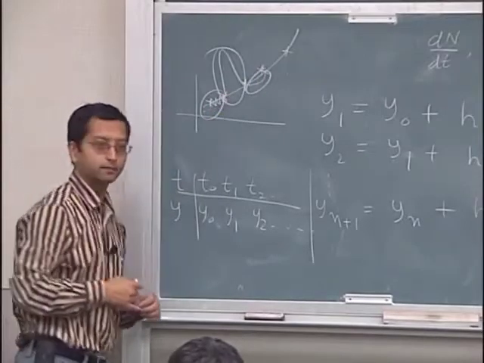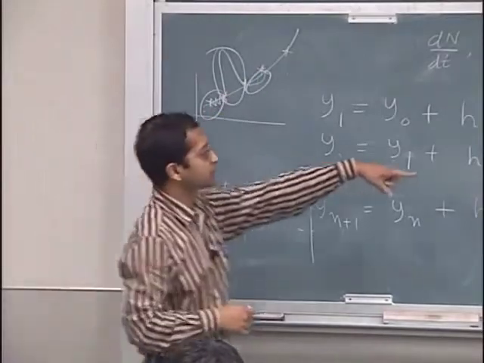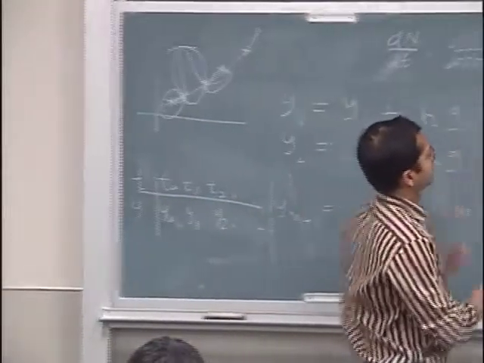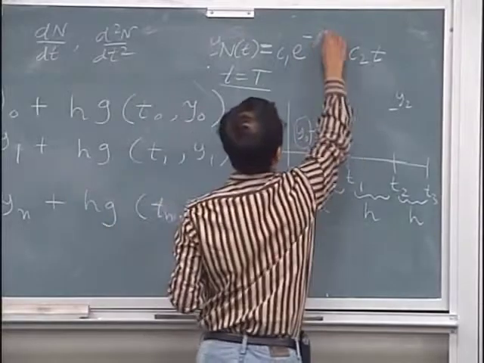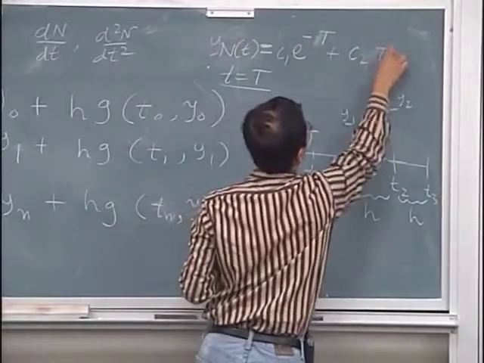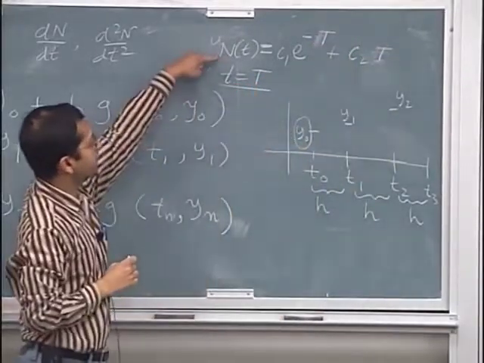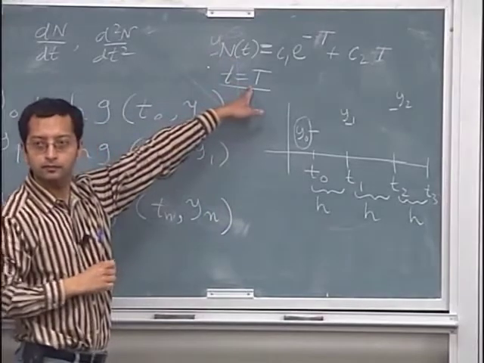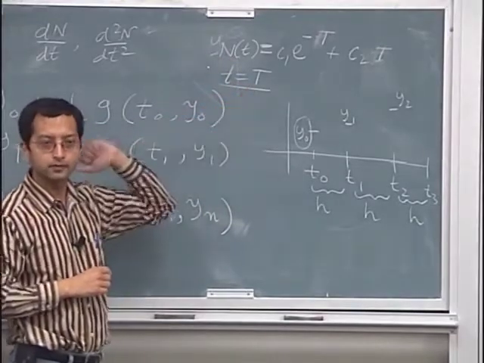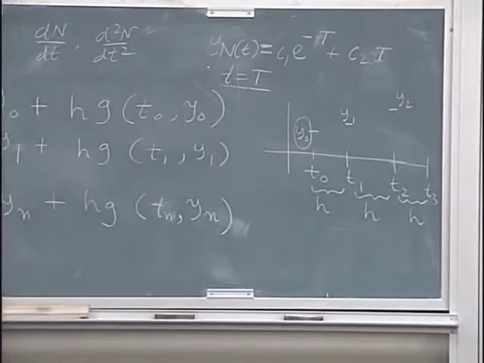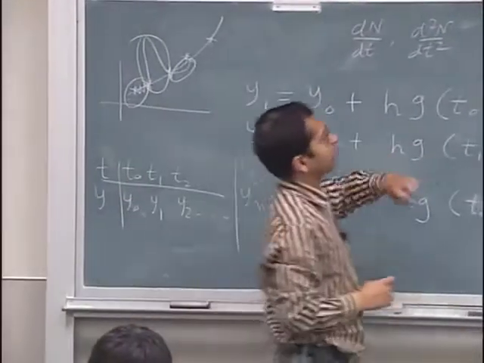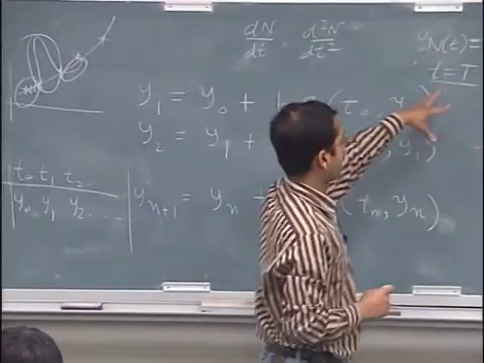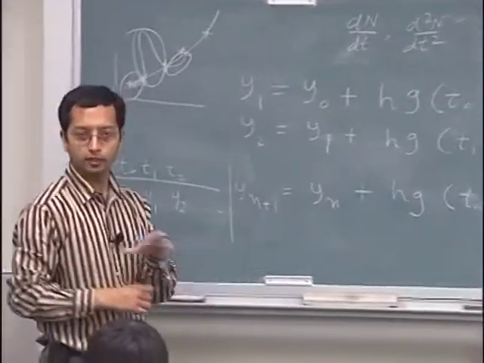Okay. Whereas if you do analytical solution, you want to know at t equals t, that's the exact value of your solution at t equals t. Okay. There is no error. So one major advantage is in analytical solution, any time point you choose, you know the exact number for that time point.